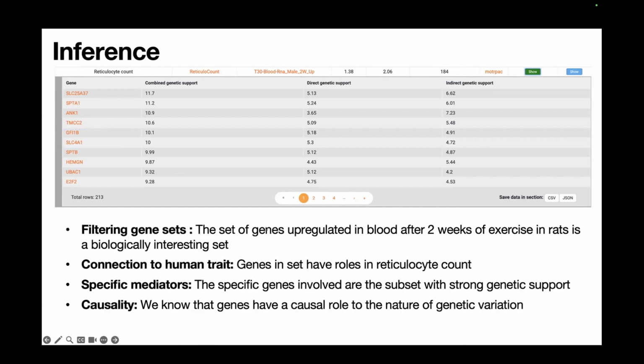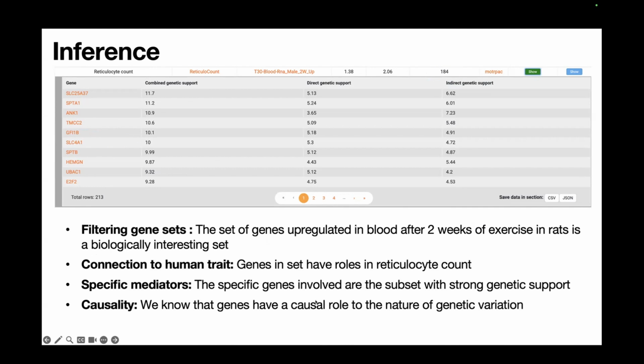So what this basically gives you is an inference, right? There are actually multiple. First off, it tells us that that gene set, whatever it was, is interesting. Second, it tells you that they have a connection in humans to reticulocyte count. And it tells you the specific mediators. And to the extent we can say something about causality, we know that the genes have a causal role in reticulocyte count.